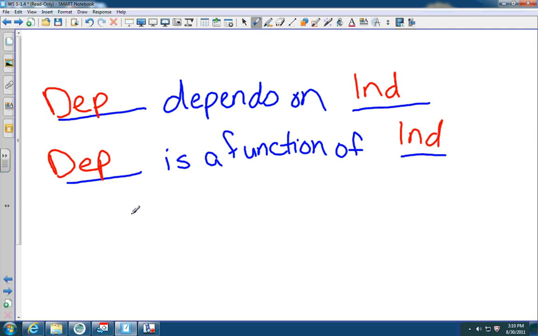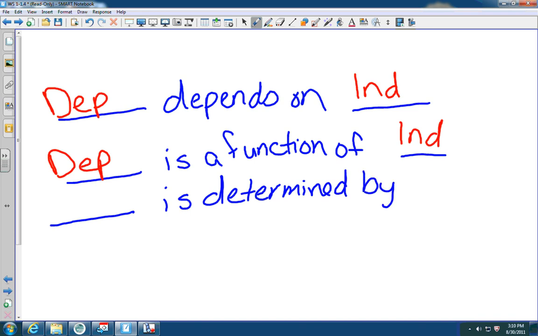Another one you have is determined by. The dependent is determined by the independent. Another one that could fit in here is a result of.